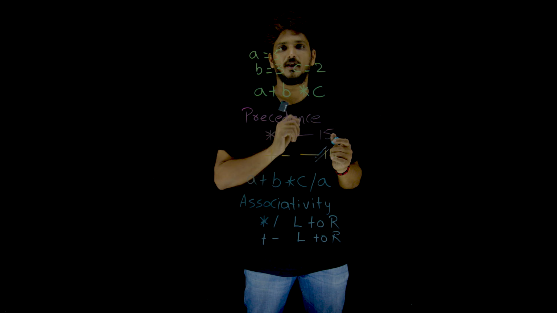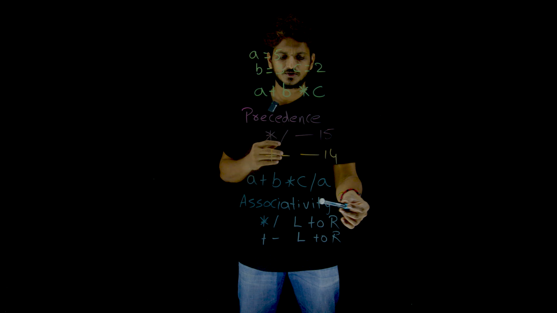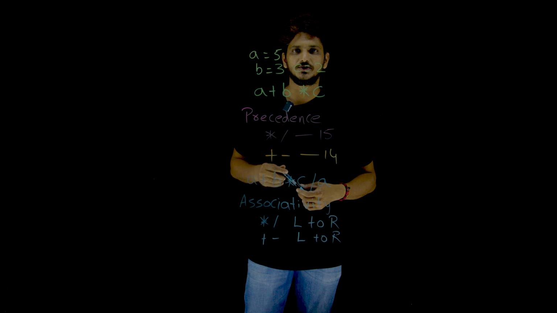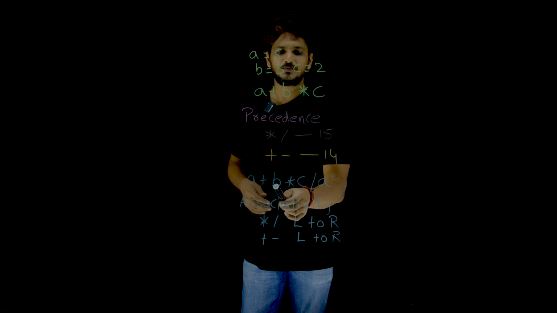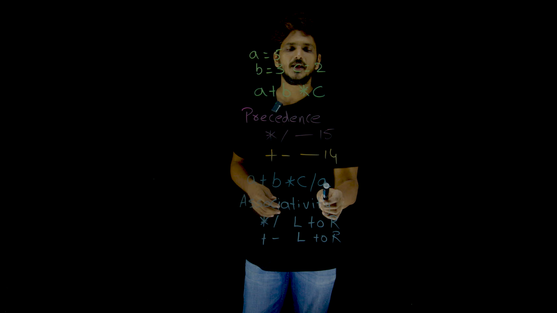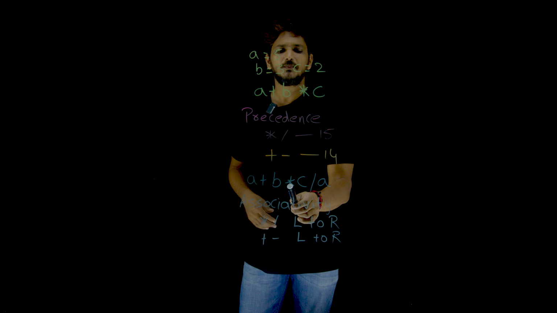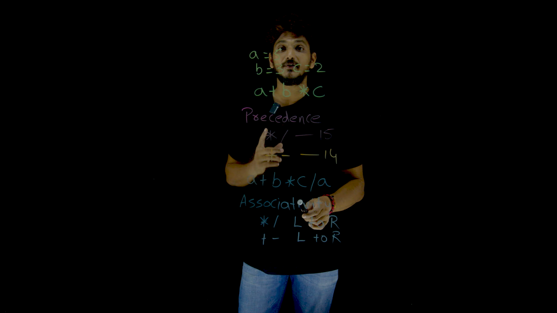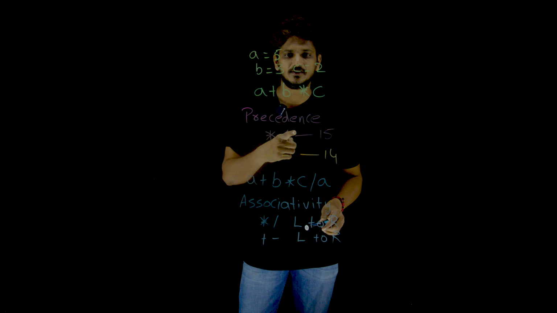Now coming to the associative property, it's not a property, associative conditions. Suppose, let's take this example, A plus B multiplied by C divided by A. See here, in this expression, multiplication and division have the same priority, same precedence.